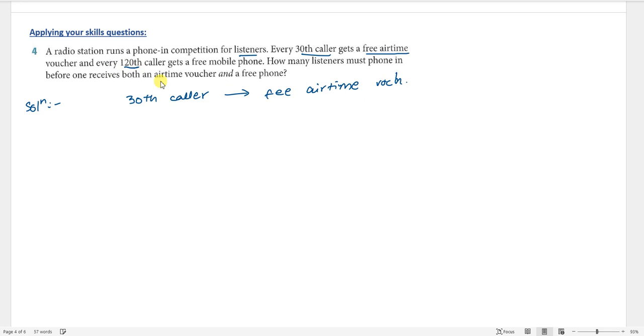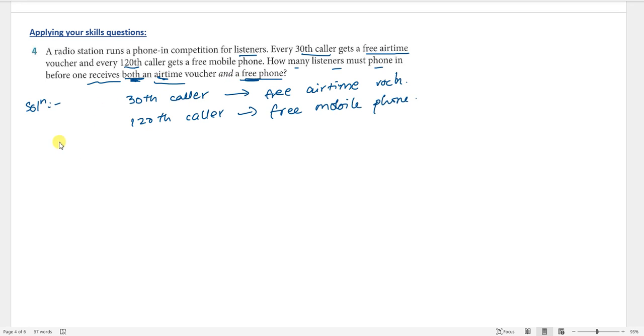And every 120th caller gets a free mobile phone. Okay, so how many listeners must phone in before one receives both an airtime and a free phone? Okay, so we have to find the number of listeners that must call before a person receives both an airtime and a free phone.